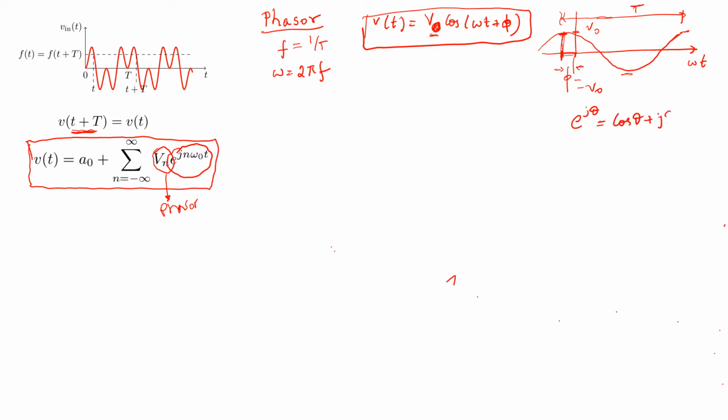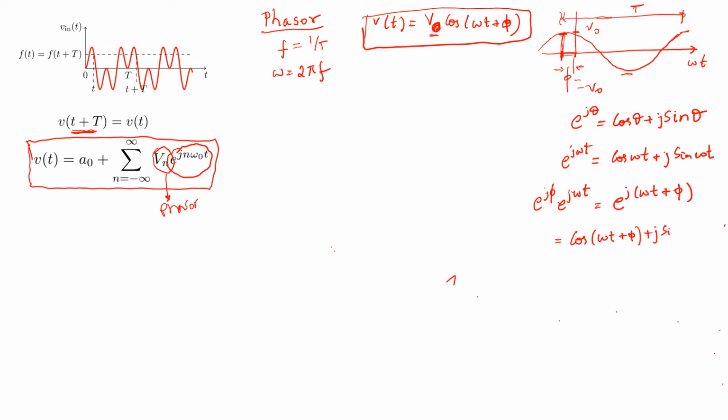Now for this signal, we can use the Euler identity that e power j theta is cos theta plus j sine theta. We can make use of the fact that e power j omega t is going to be cos omega t plus j sine omega t. Then e power j phi times e power j omega t is going to be e power j (omega t plus phi), and I would end up getting cos (omega t plus phi) plus j sine (omega t plus phi).